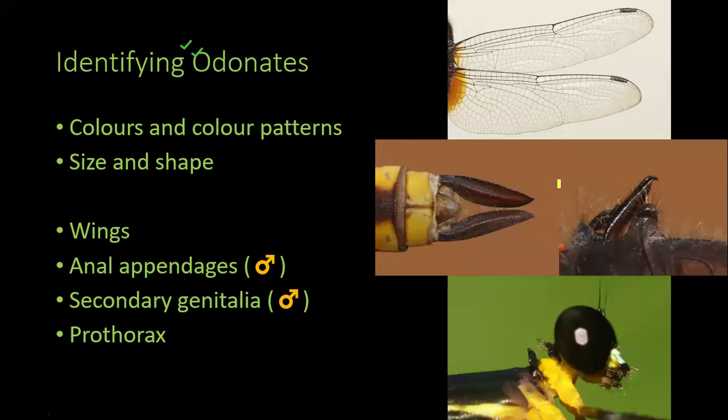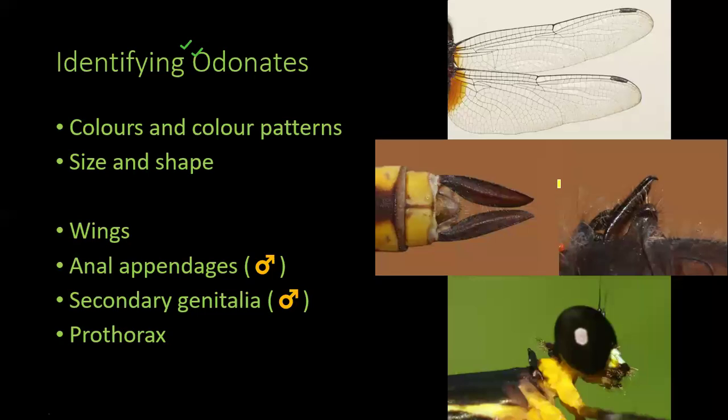And in certain cases, secondary genitalia also come into the picture. Species like Orthetrum are very similar to each other, and you have to look at secondary genitalia. So those are a few things that come into the identification process.